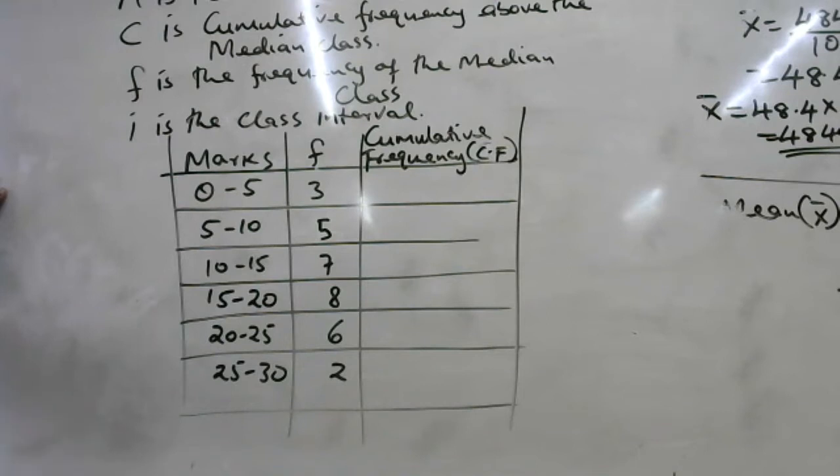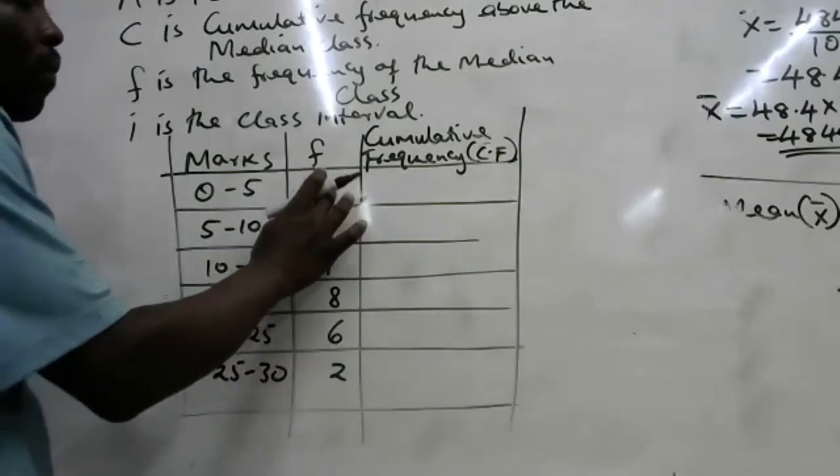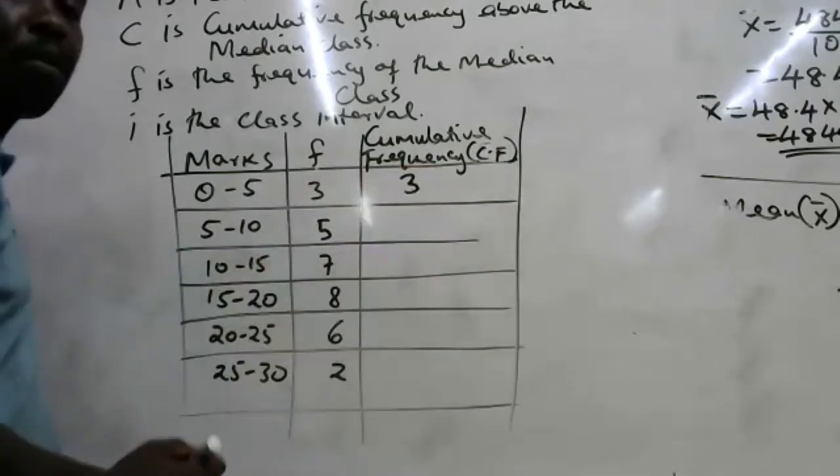The cumulative frequency is just having the frequencies cumulatively added. Here, you start with the first frequency, which is 3.